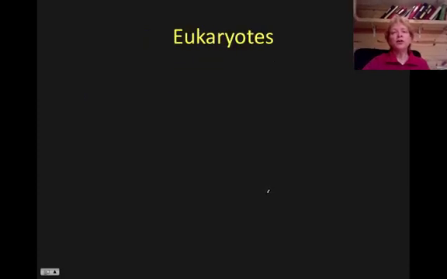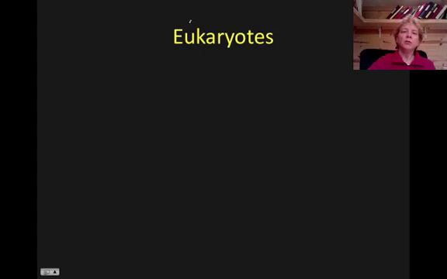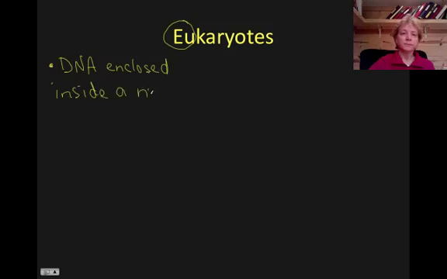If we move on to the eukaryotes, the eu here refers to true, nut. So these are the organisms that do have their DNA enclosed inside a nucleus. And they have membrane-bound organelles.